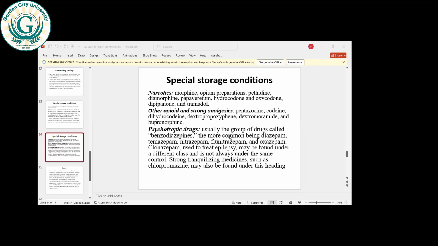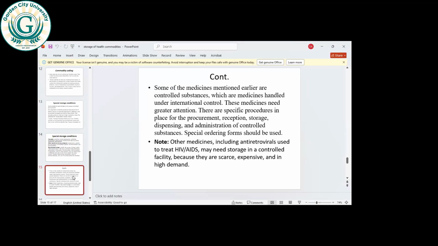There are some drugs that you require special permission for. Even if it is a pharmacist, you need a special order to be able to bring those items into the country.